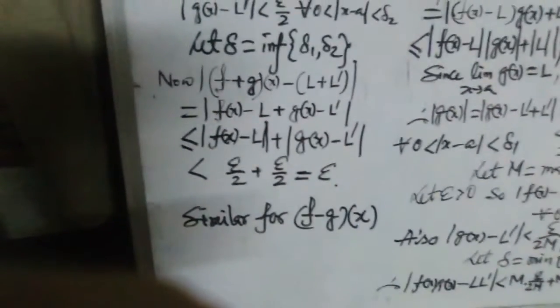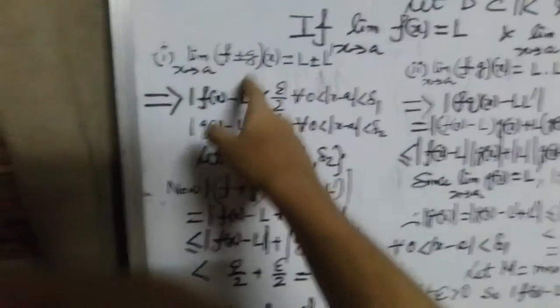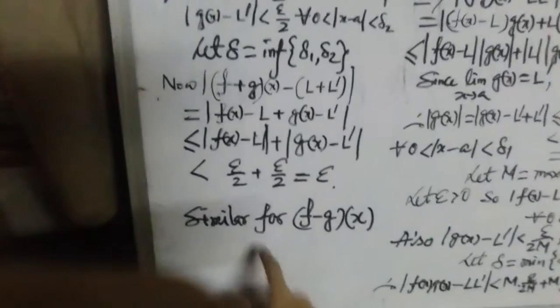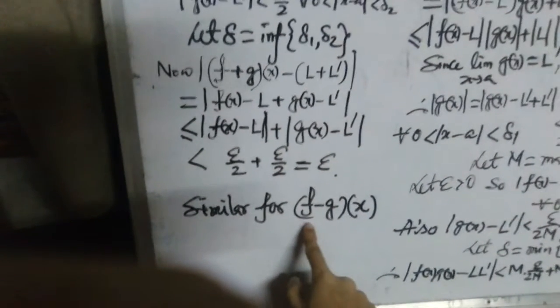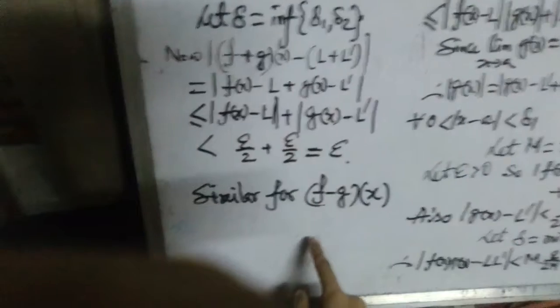Hence, ultimately, we get this difference smaller than positive epsilon. Epsilon is an arbitrary positive number, so we can prove this result for addition. Similarly, we can prove this result for the difference of two functions, that is, the limit as x tends to a of (f minus g)(x) is nothing but L minus L prime.